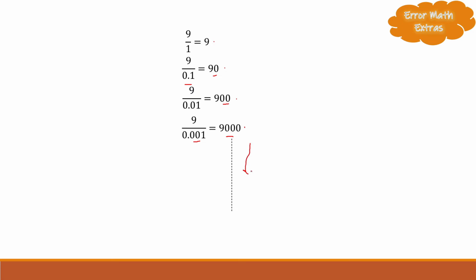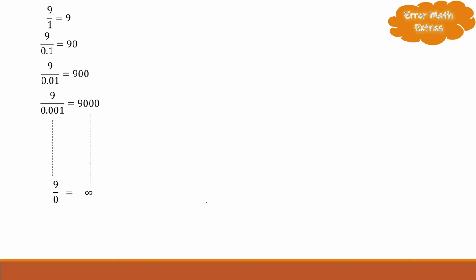It's increasing and increasing up to where? Up to infinity. Similarly, on the left hand side of the equation, in the denominator, 1, 0.1, 0.01, 0.001. What is happening with this denominator? It is decreasing up to 0 here.